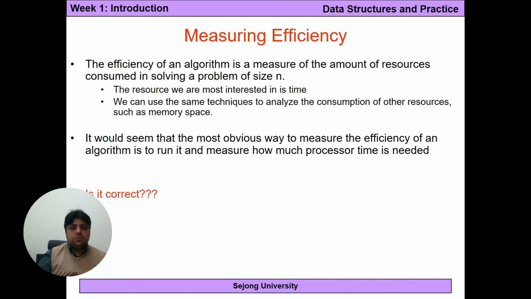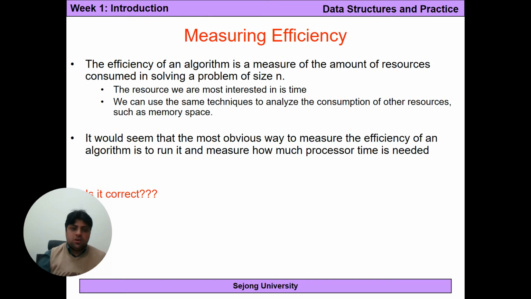The resource we are most interested in is time, which we discussed in the previous slide. We can use the same techniques to analyze the consumption of other resources, such as memory space.